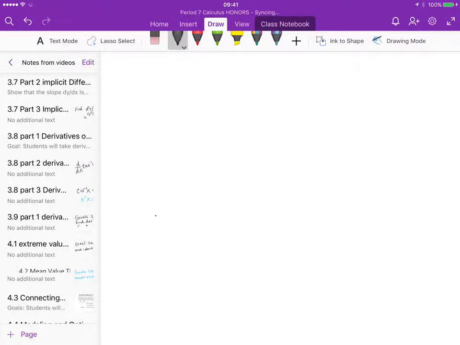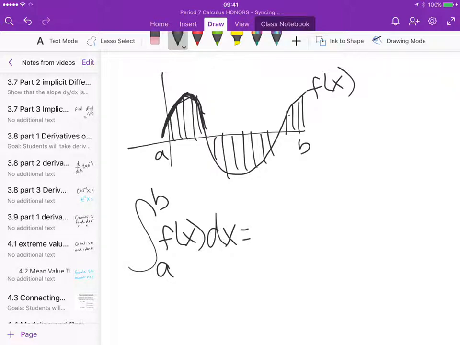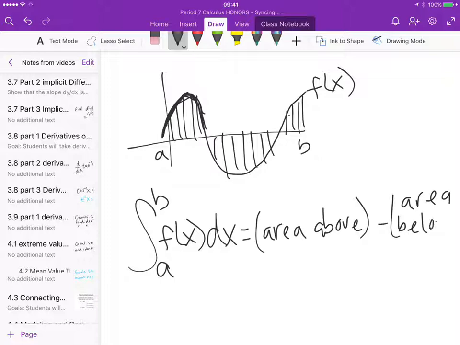In other words, we can write this as the integral from a to b of f of x dx is equal to the area above minus the area below. All right, put x-axis here just to make sure we understand. So the area above the axis minus the area that is below the x-axis.